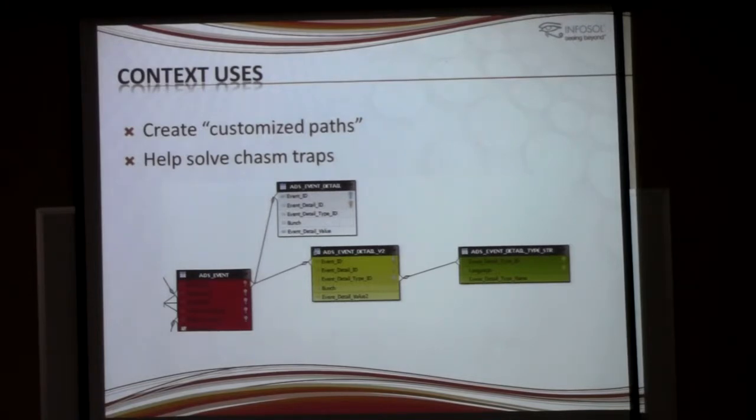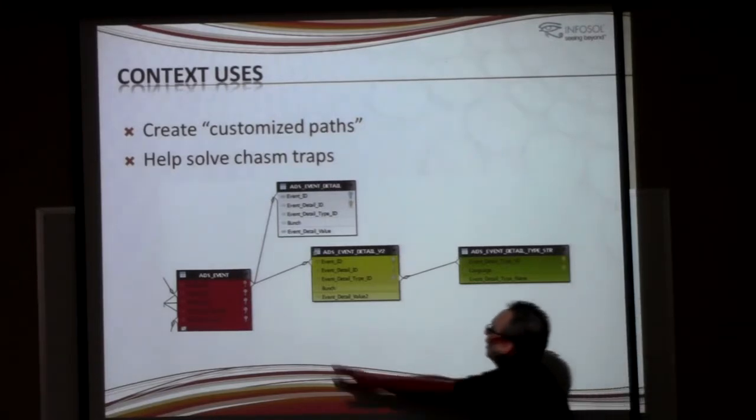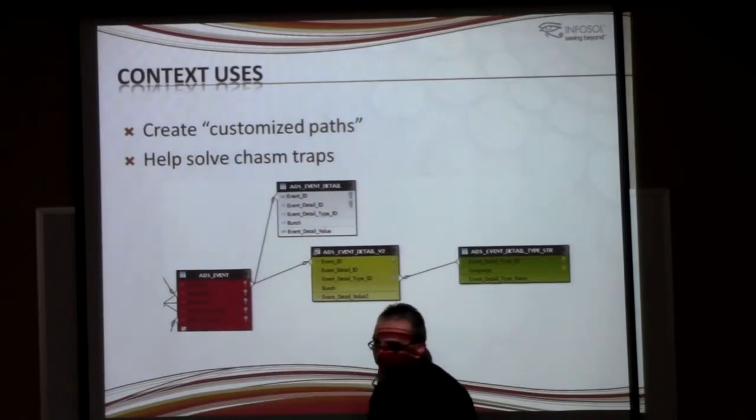If you don't resolve this, there could be a number of things that may happen, you may get the wrong information. You may want to get the information from this table, whereas this table is connected to the event detail type. So to solve this, you're going to create a context where context 1 is you go from this table to this table.